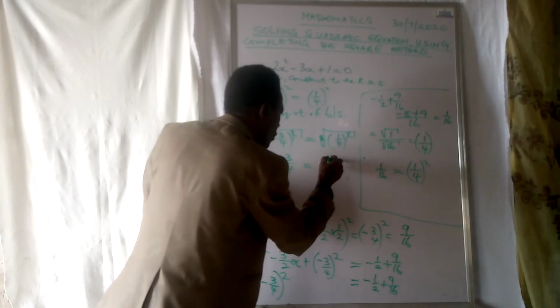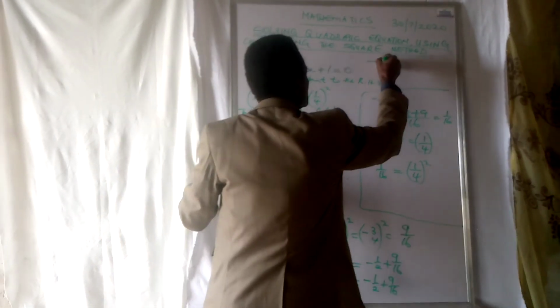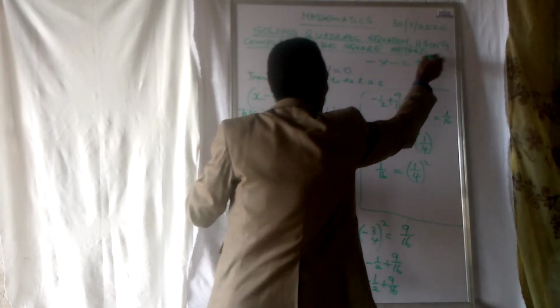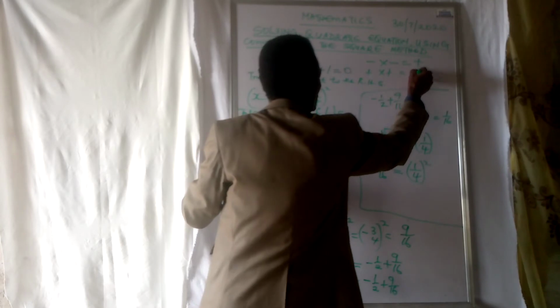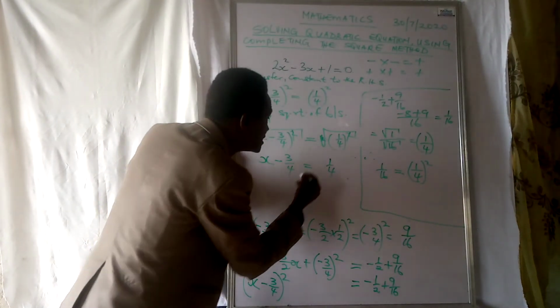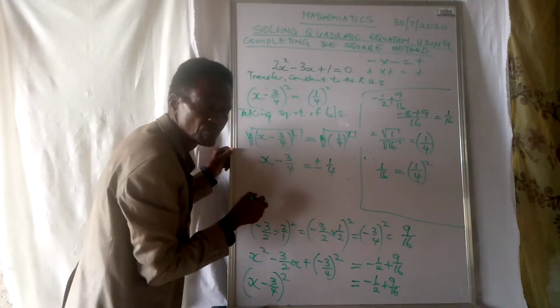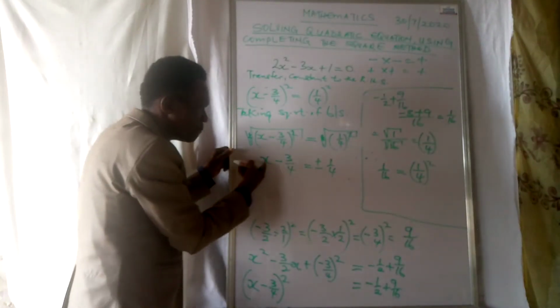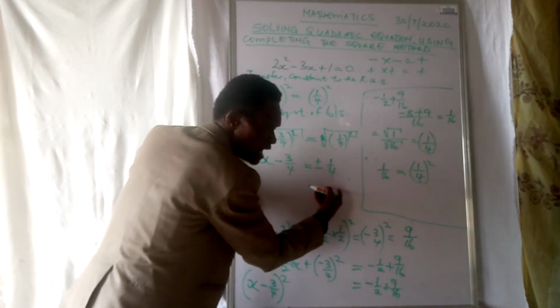So it becomes 1 over 4. But we know that minus times minus is equal to plus, and plus times plus is also equal to plus. That's why this is both plus and minus. So x minus 3 over 4 is equal to plus and minus 1/4.